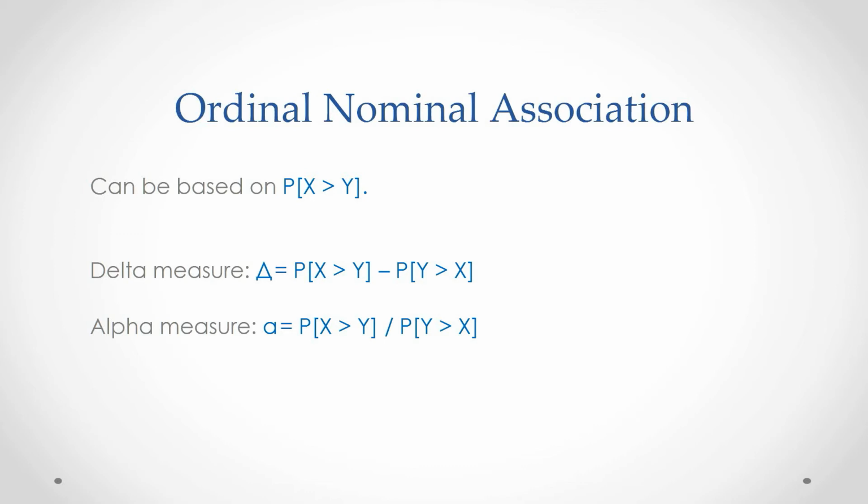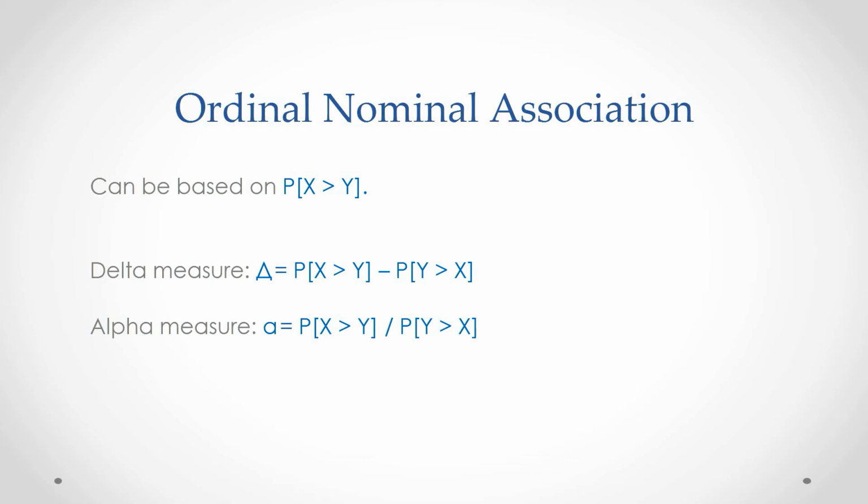So say for example, this could be the extent of belief in abortion, which could be classified as do not support, somewhat support, indifferent, and strongly support. So in this case, the support for abortion is an ordinal variable and gender is a nominal variable.